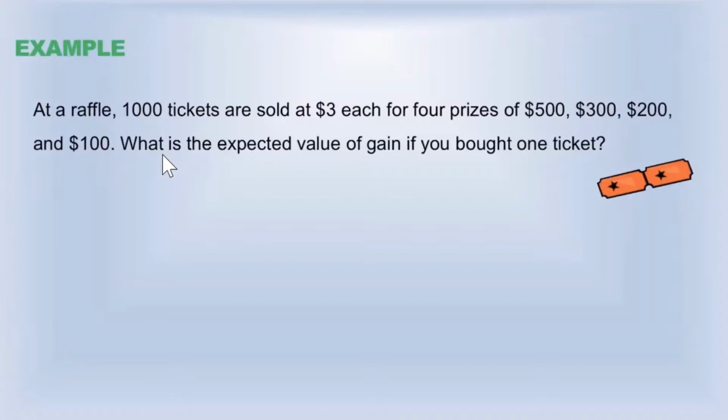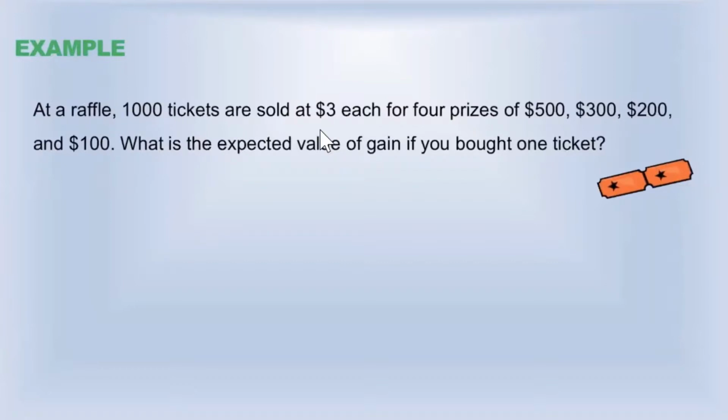Now what we have to do is, what is the expected value of the gain if you bought 1 ticket? First you need to understand the question very nicely. There are 1,000 tickets sold at $3 each.